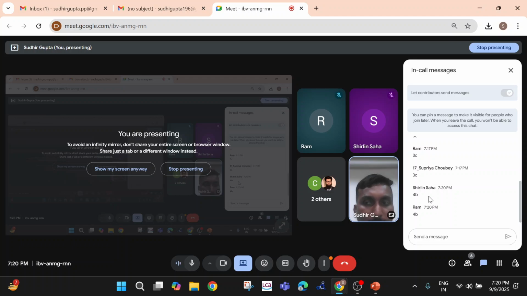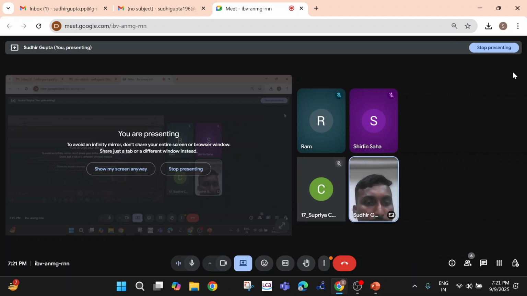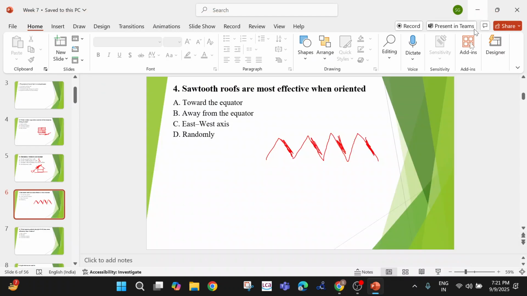Yeah, as I can see, most of you have answered it, and you are going for option B. So option B is the correct answer for this question. Question number 4: whoever have marked option B, they are absolutely correct. The sawtooth roof has a steep glazed surface.